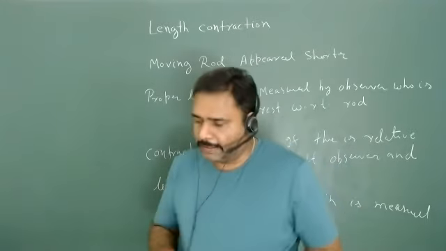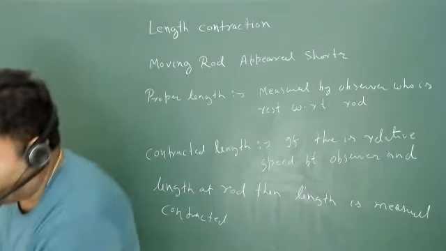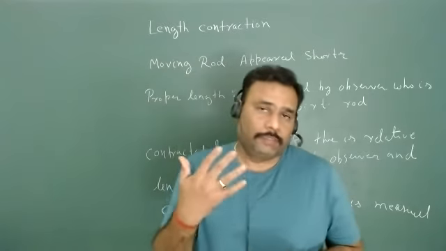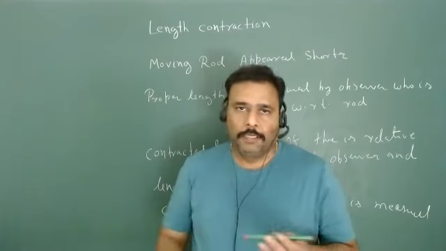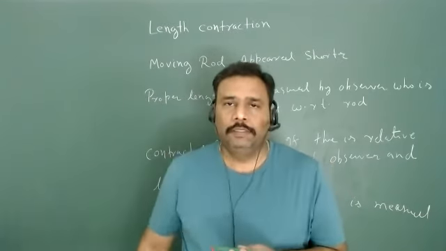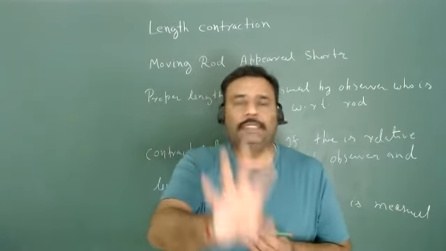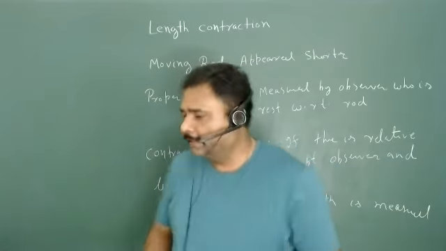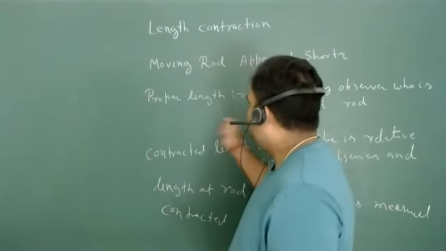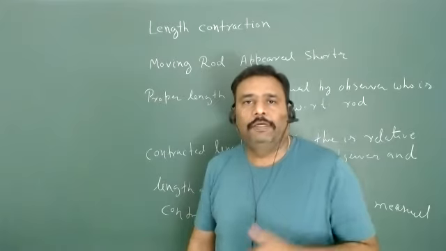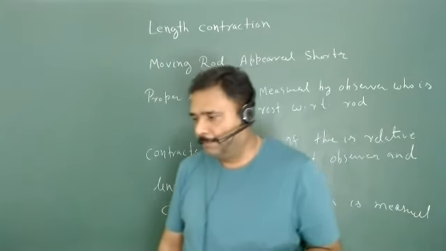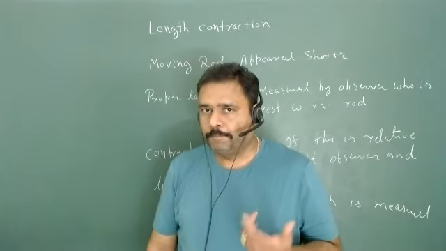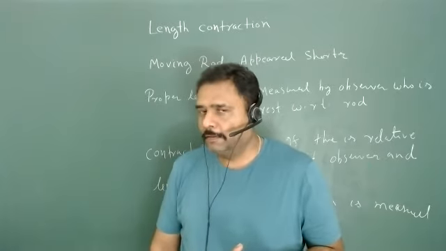Now, this is just an observation, just a perception. Whatever you are perceiving, you have to give the mathematical calculation. First give me one answer. Is proper length uniquely defined, or does it depend on the observer?